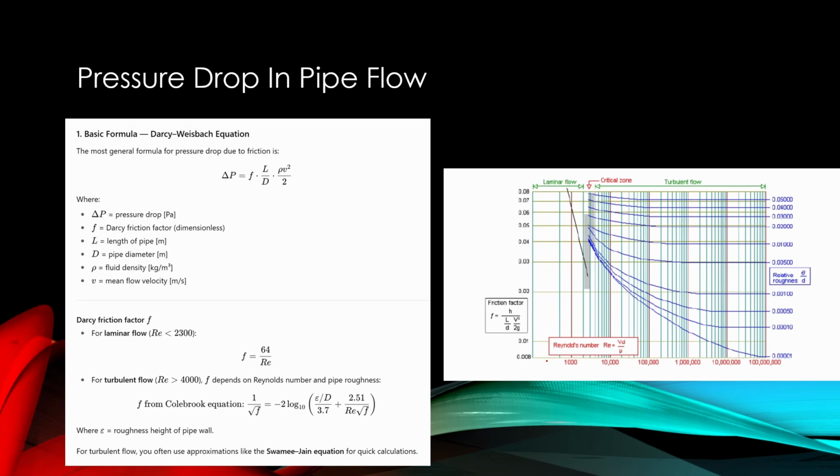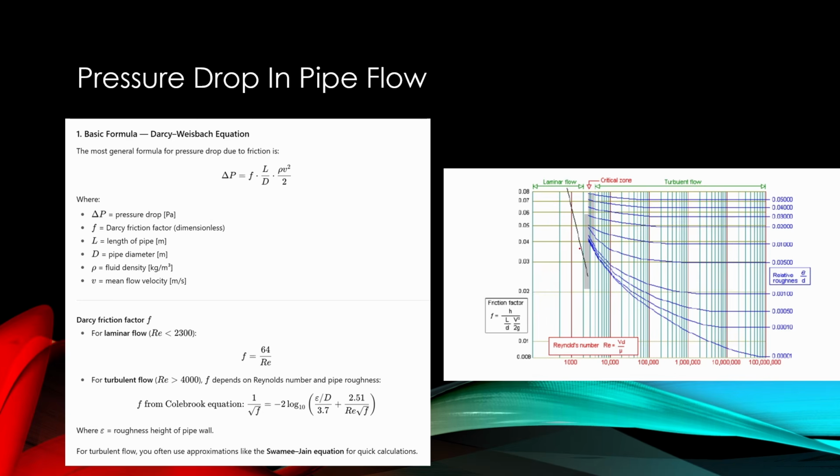On the x-axis we have Reynolds number. On y-axis we have this friction factor, and there are different curves for different relative roughness. This relative roughness is the height of the roughness elements divided by diameter.